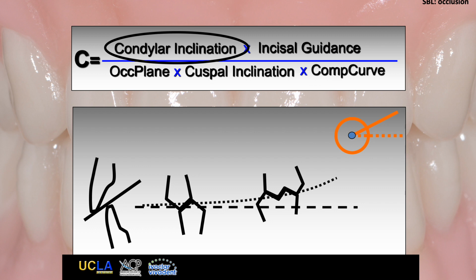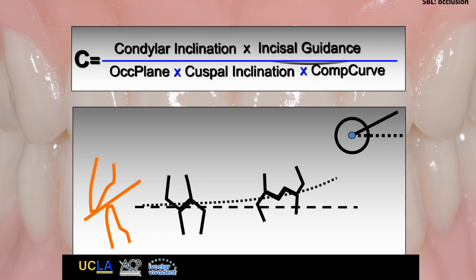The patient's condylar inclination is 30. If the incisal guidance that I give the patient is 40, 40 being greater than 30, that incisal guidance is going to override condylar inclination. Therefore, in mandibular movement, the posterior teeth will separate.